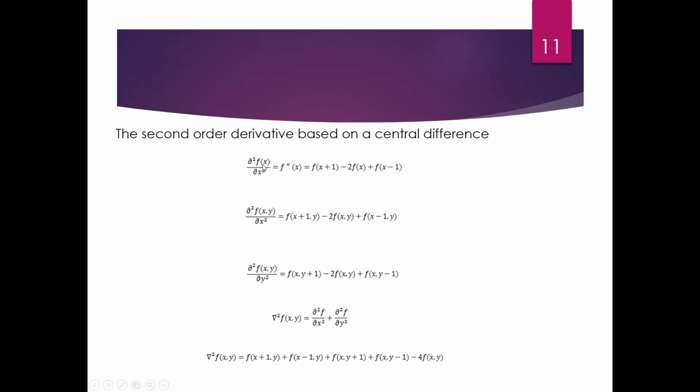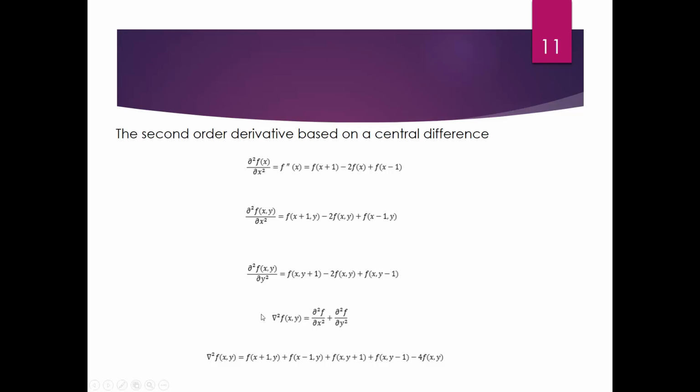Since this equation represents the one-dimensional case, in two dimensions, if we first choose y as a constant, it can be represented as f(x plus 1, y) minus 2 times f(x, y) plus f(x minus 1, y). Similarly, choosing x as a constant, del square f by del y square can be represented by this equation.